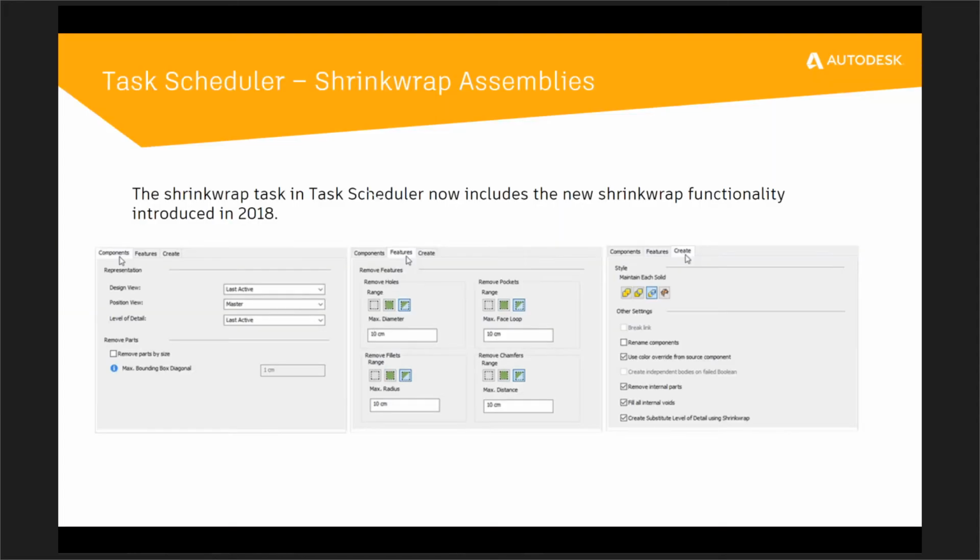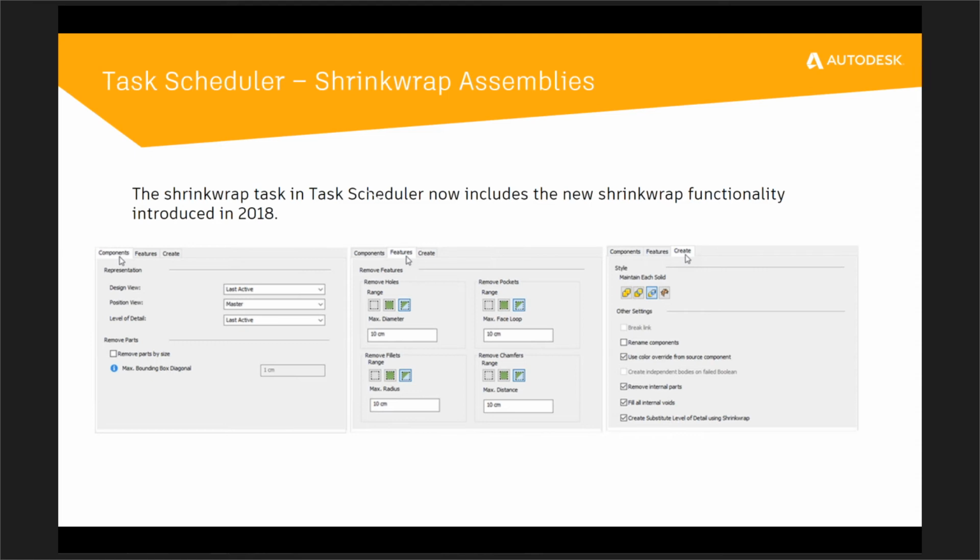One of the other things we started with the 2018 release was this revamp of the shrink wrap tool. So rather than having multiple simplification or shrink wrap commands, we combined it to just a single shrink wrap, which is much easier to use, much more streamlined, and really gives users the end result they're looking for from providing simplified models.